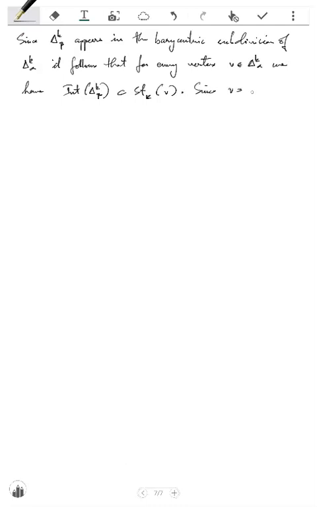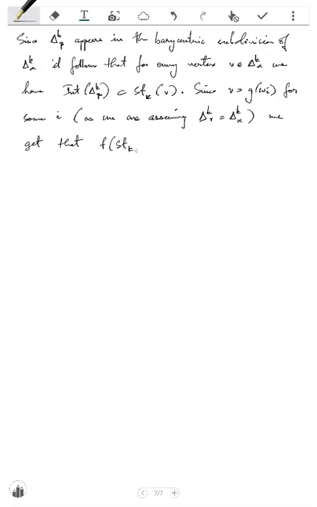Since v is equal to g of wi for some i, as we are assuming delta k gamma is equal to delta k alpha, we get that f of star k of v intersected with star k of v is non-empty.